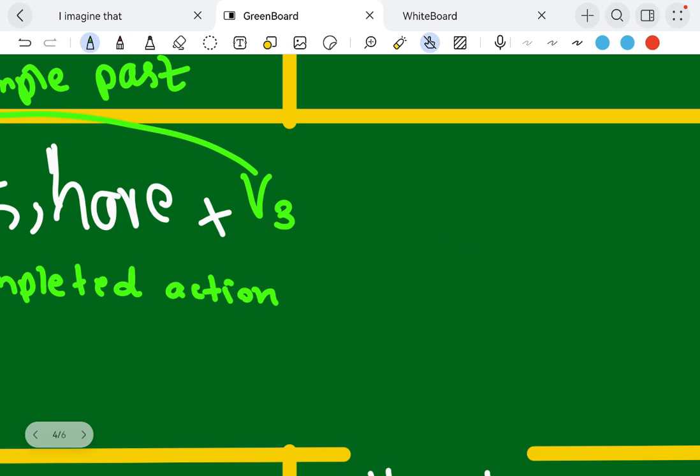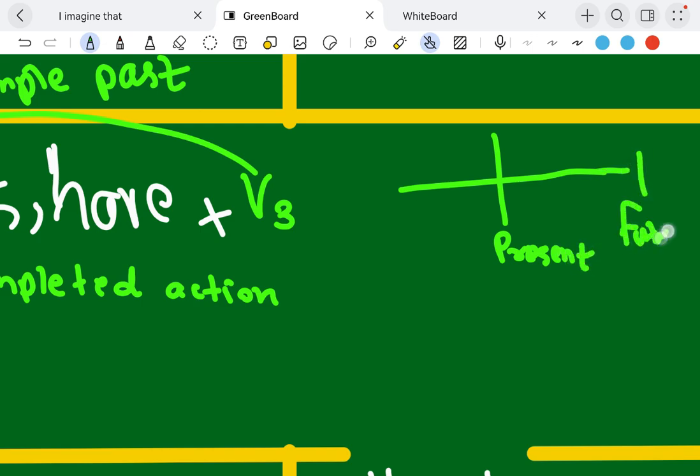Okay, for example, let's take a look at this. Let's say this one is present, this is future, and this is past. So the period of present perfect is like this: if the action happens here, it has no relationship with the present.